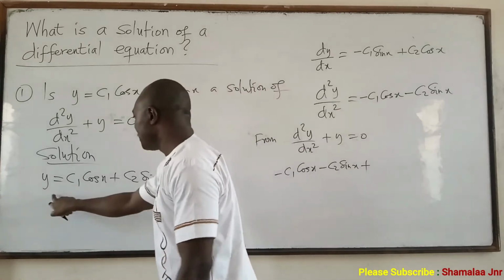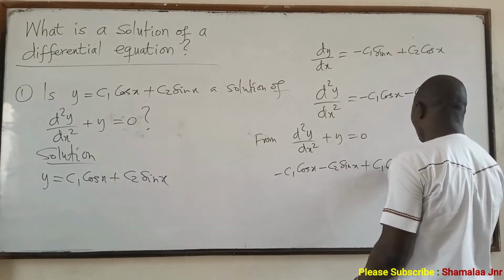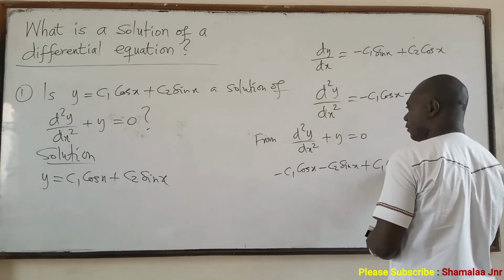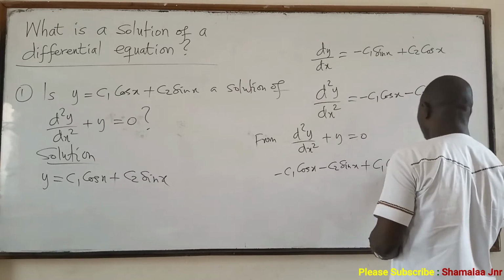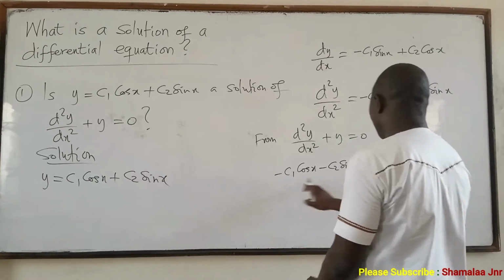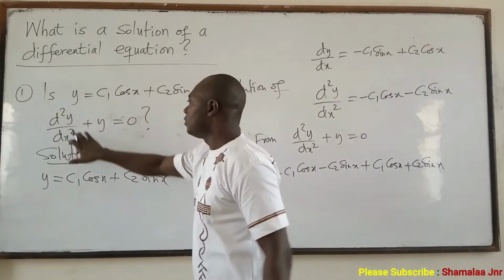Don't forget y is this: y is c1 cos x plus c2 sin x. If you put these together and you get 0, then you can say that this one is the solution of this differential equation.